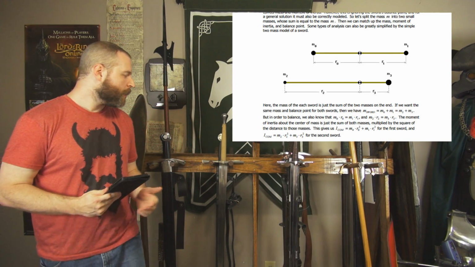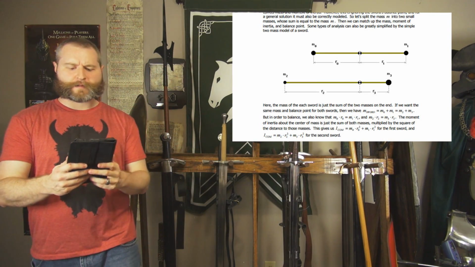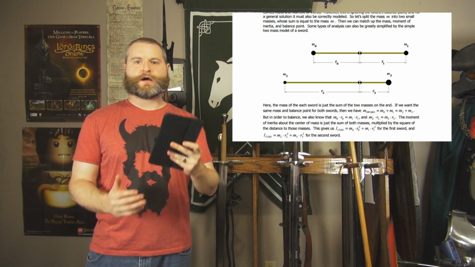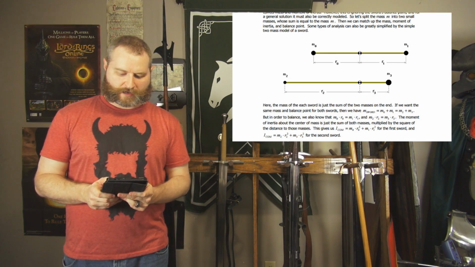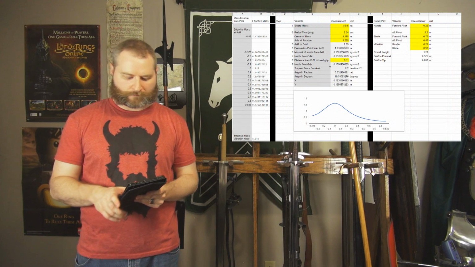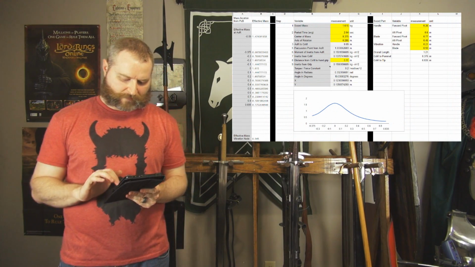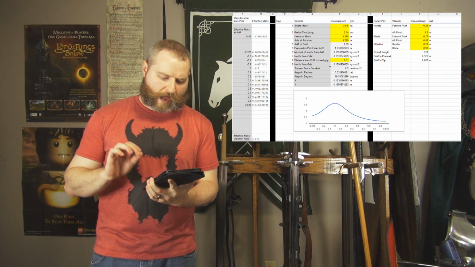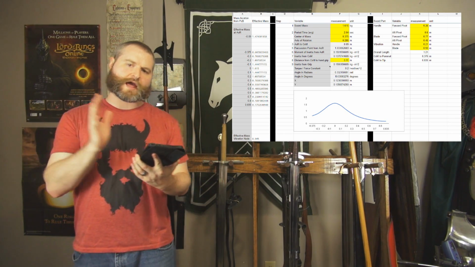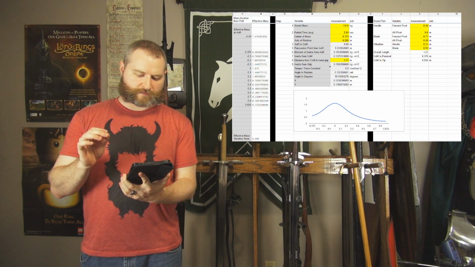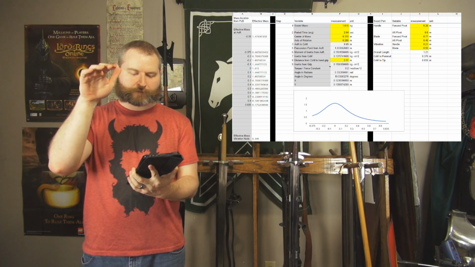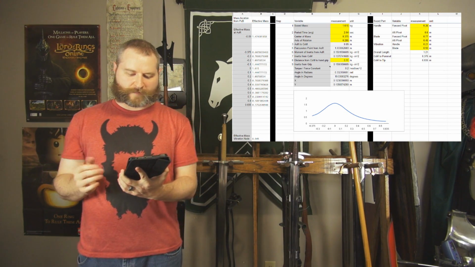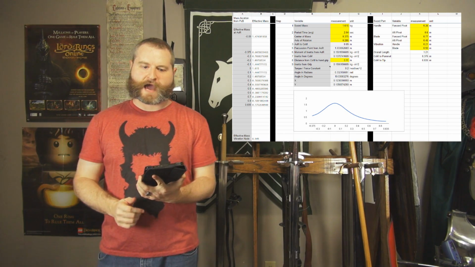With all that information plugged in, you end up with this very, very complex series of numbers, moments of inertia, and all this type of information. But what you end up with is the sword model. And on the left-hand side, there is the mass location from point of balance, which is the center of mass, and you have the effective mass.